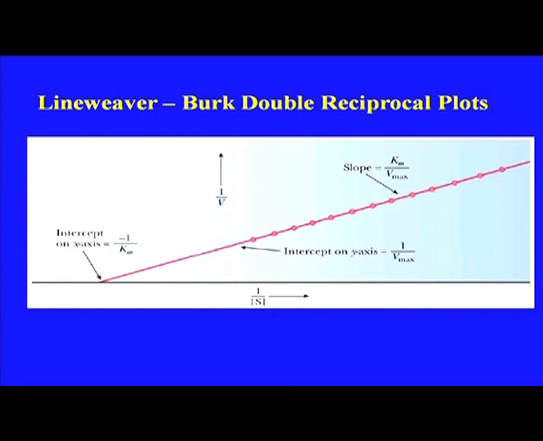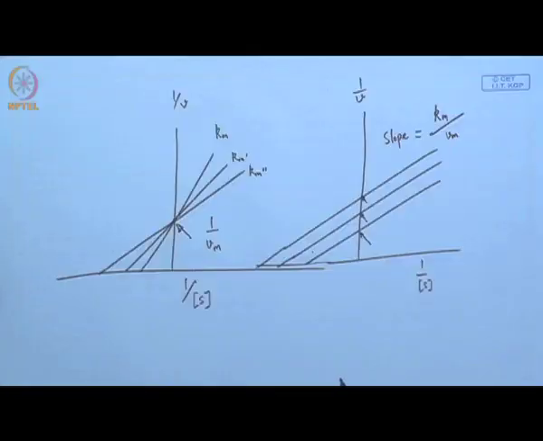So it is very easy to conclude the fate of Km and V max when such plots are obtained. These are a bit detailed things with respect to the Lineweaver-Burk double reciprocal plot.